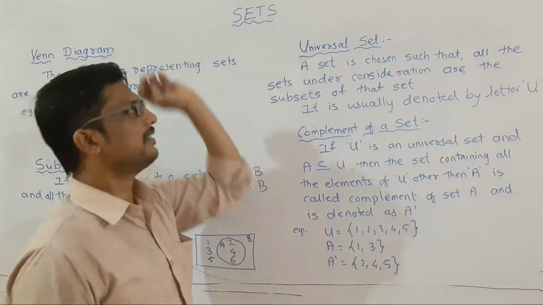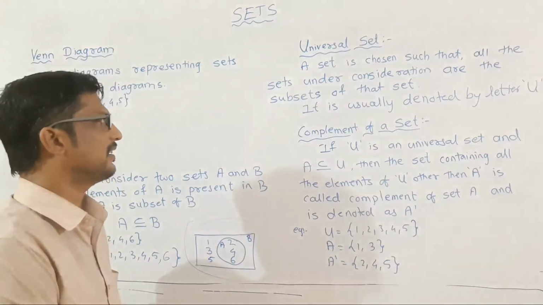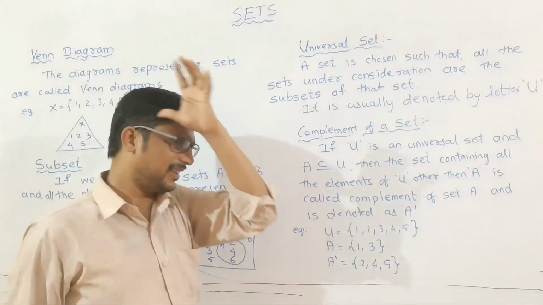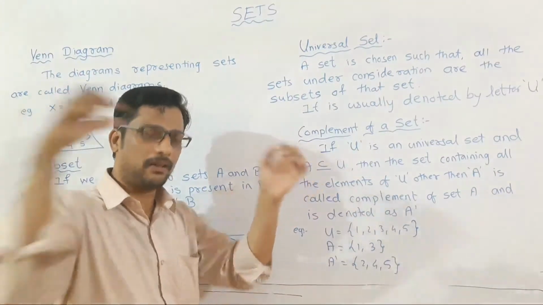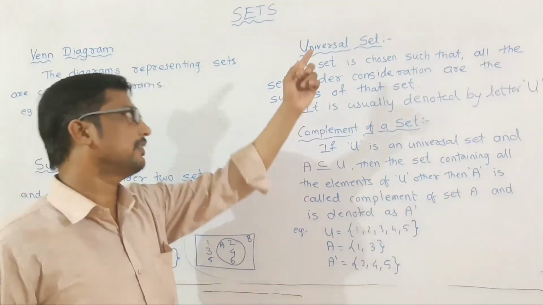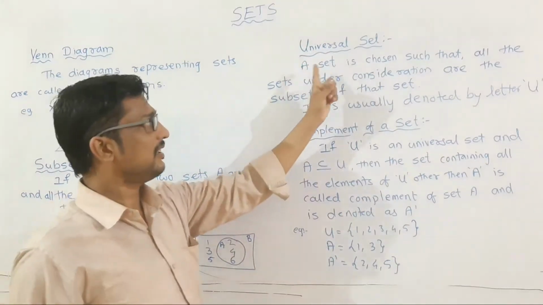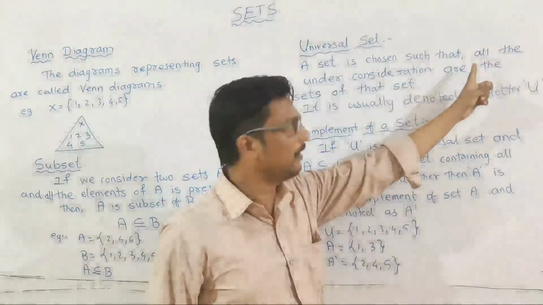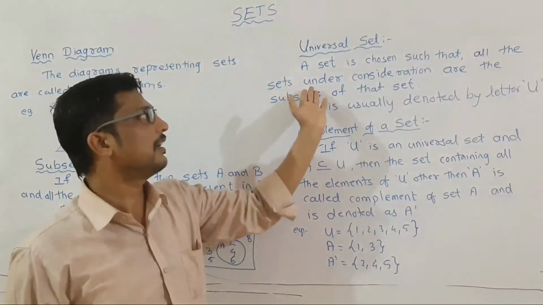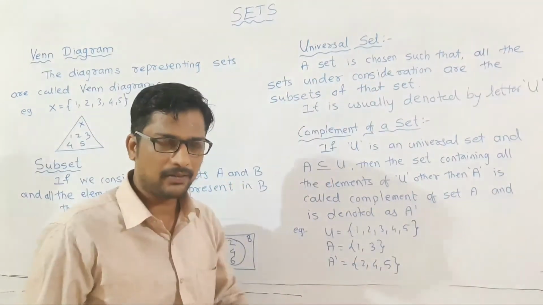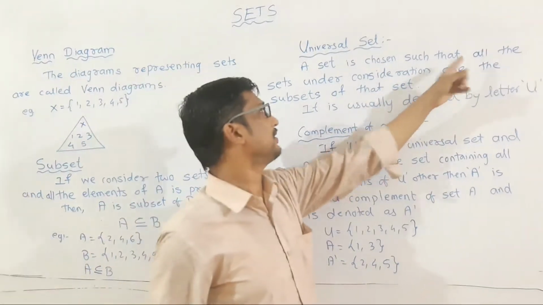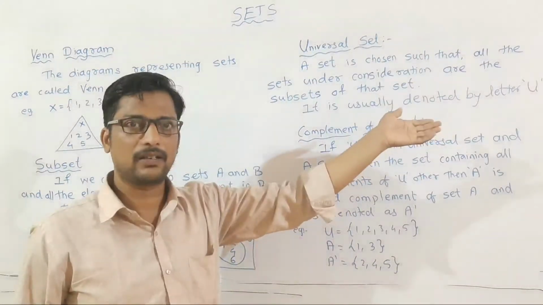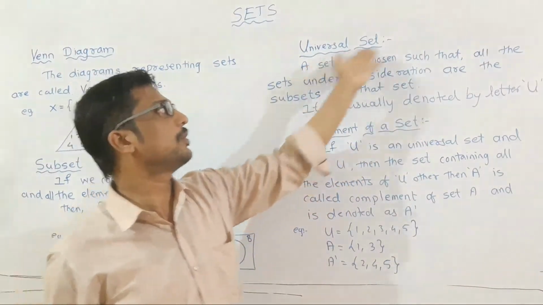Now the universal set. What is a universal set? We know that universe means a large thing. Everything is under the universe, isn't it? The same concept is used over here. A set is chosen such that all the sets under consideration are subsets of that set, which is the universal set.